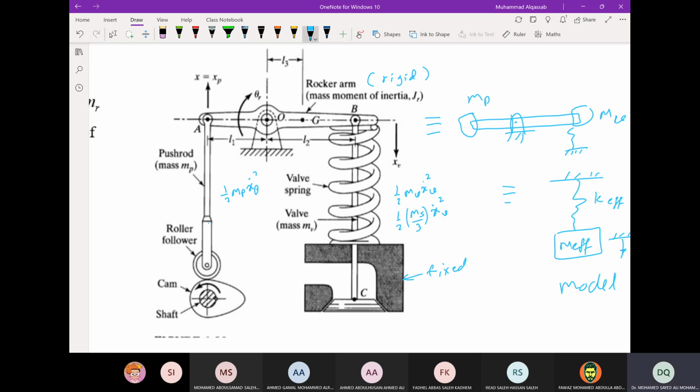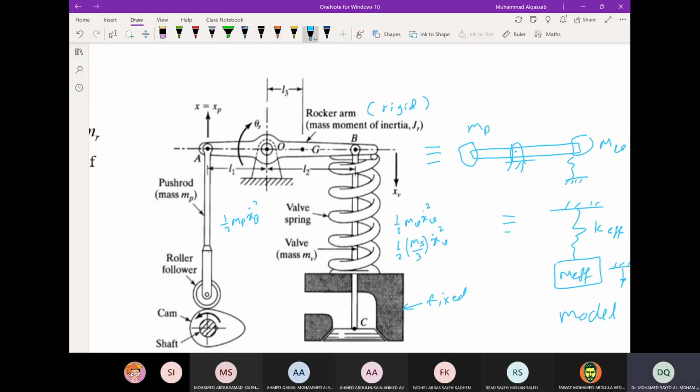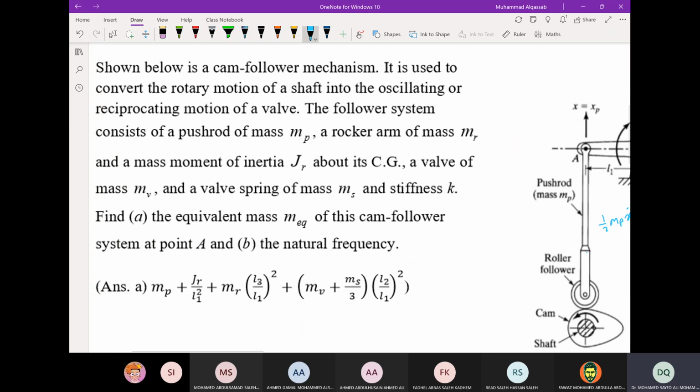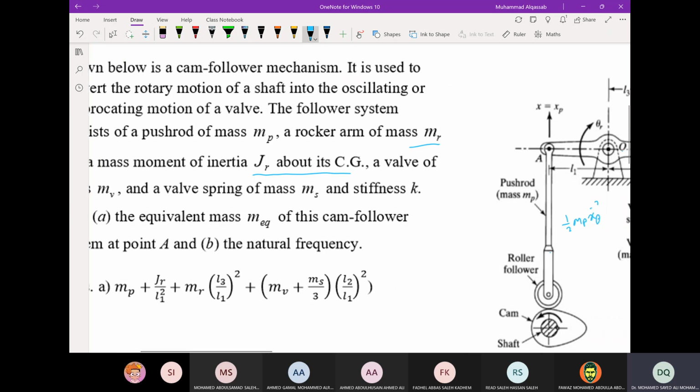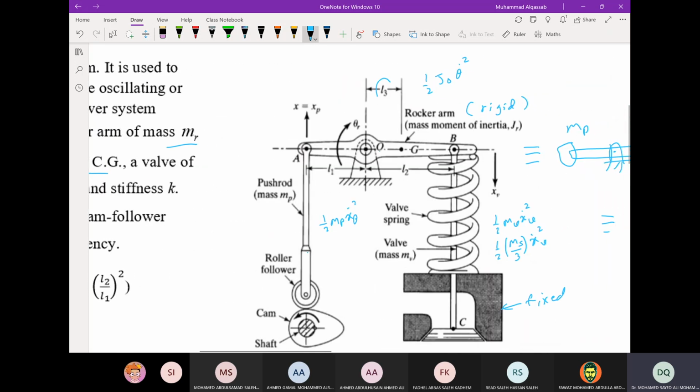And the rocker arm is rotating about O, so its kinetic energy is 1/2 JO theta dot squared. Now JO is not given in the question. JR, which is about the CG, is given, and MR, the mass of the rocker arm, is given, and its location is L3.